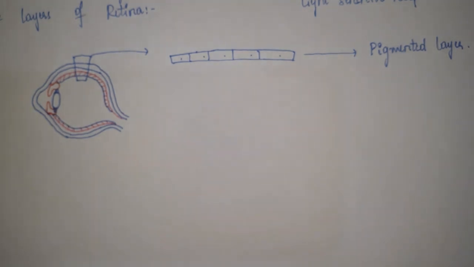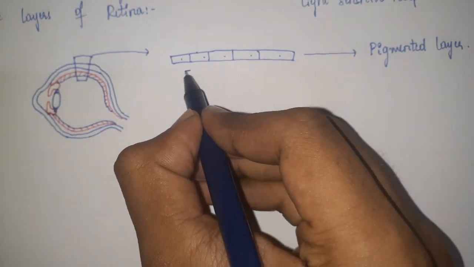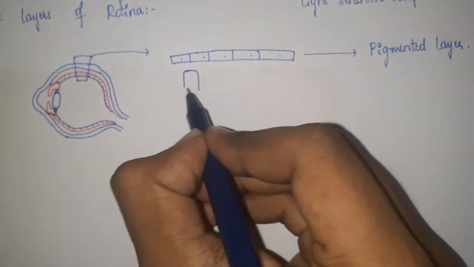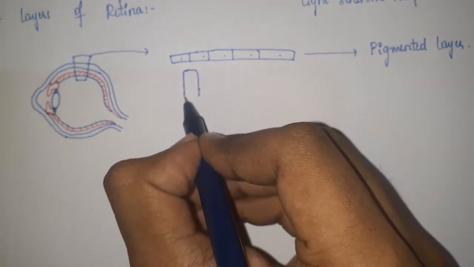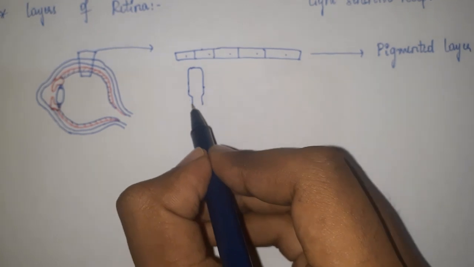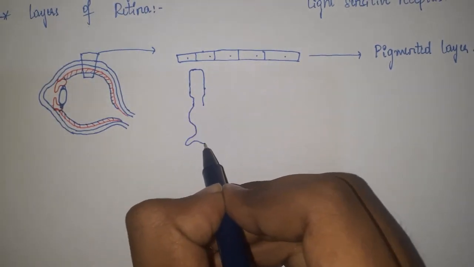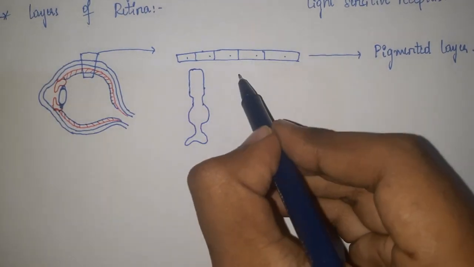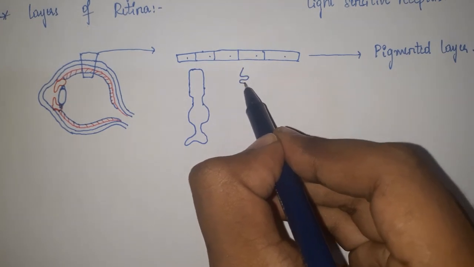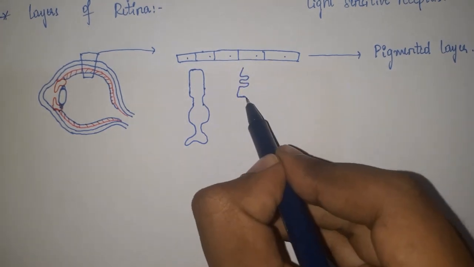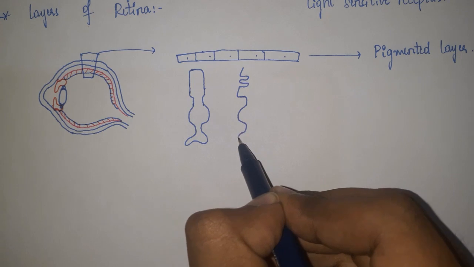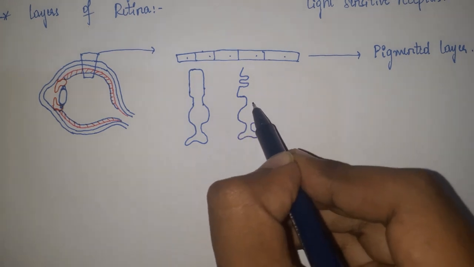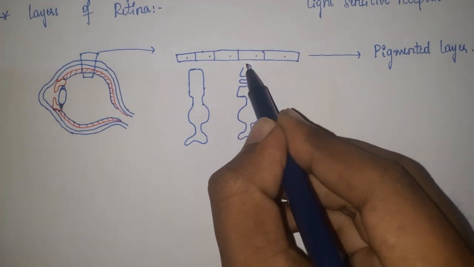You know, the rod is a slender rod shaped cell. This is the rod, and this is the cone. I'm writing the diagrammatic representation.